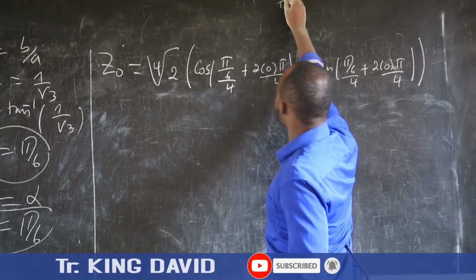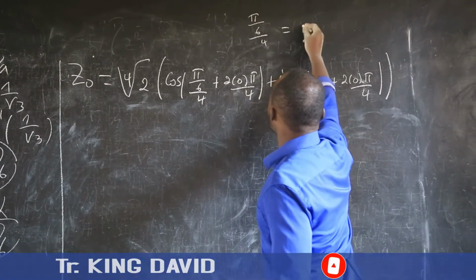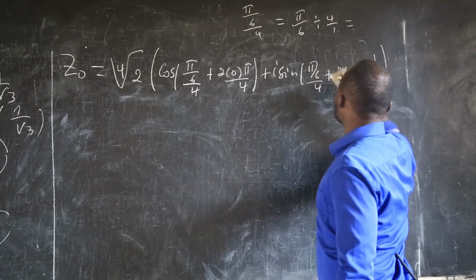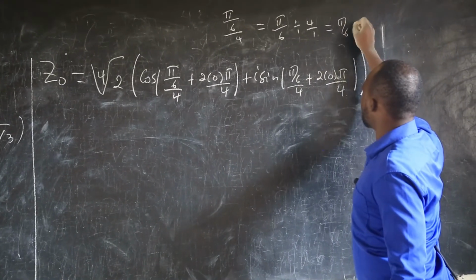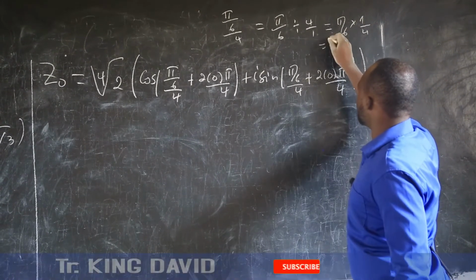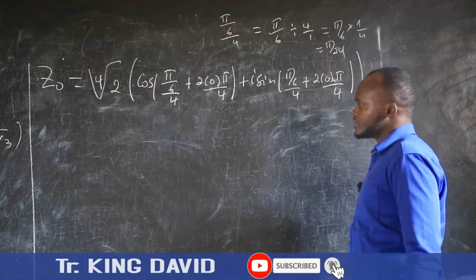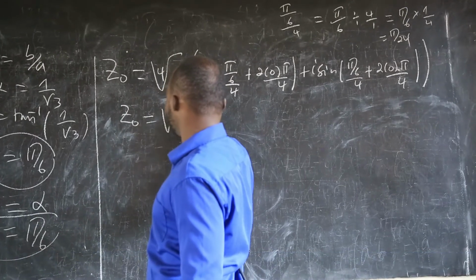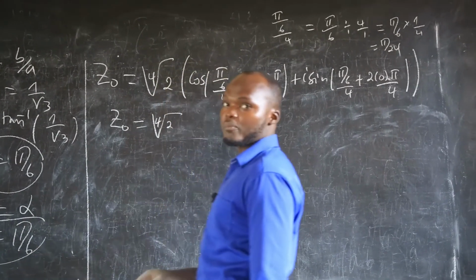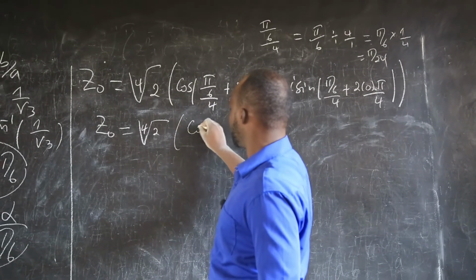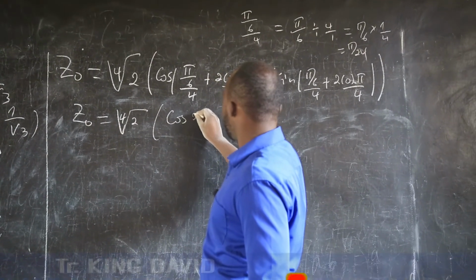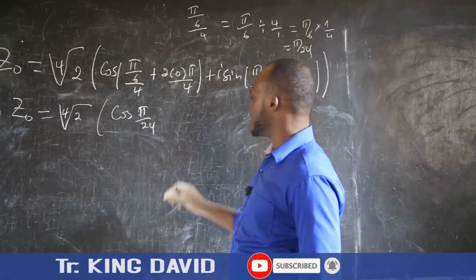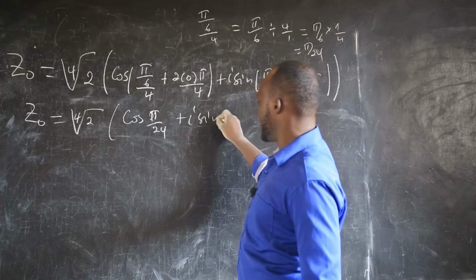What is pi over 6 over 4? It is pi over 6 times 1 over 4, which is pi over 24. So z0 equals the fourth root of 2 into bracket cos pi over 24 plus I sine pi over 24.